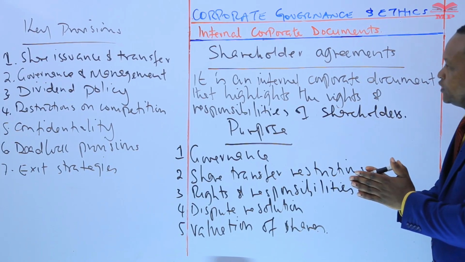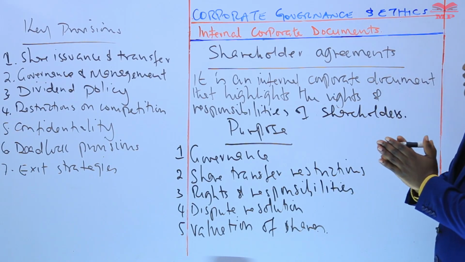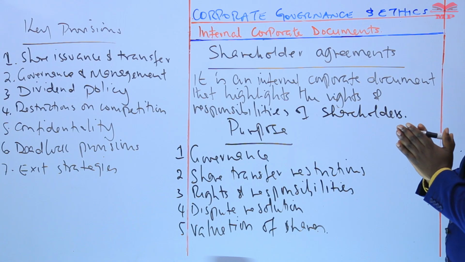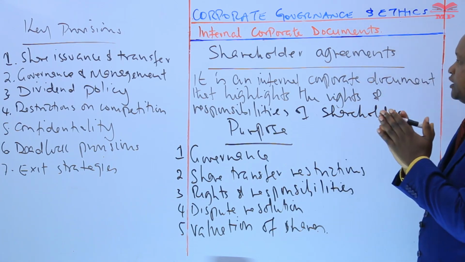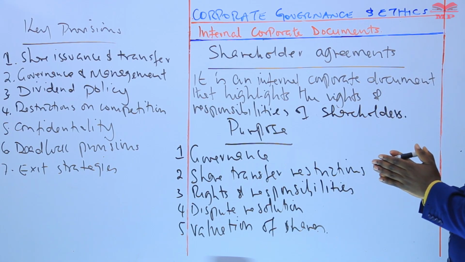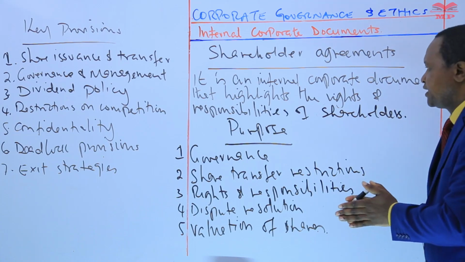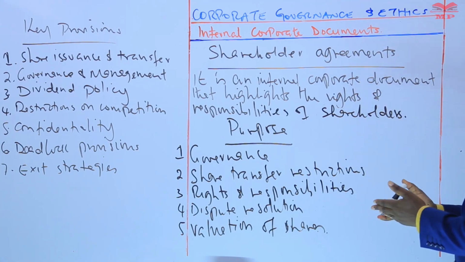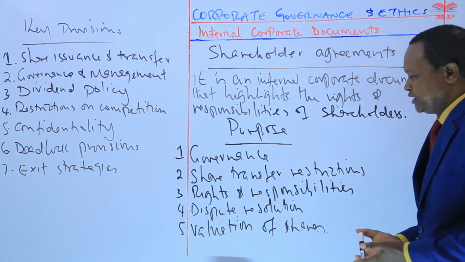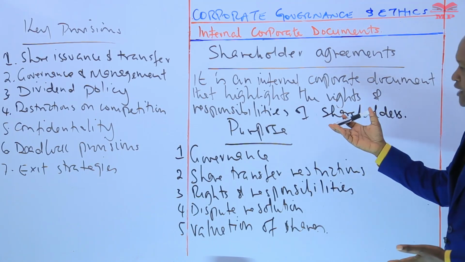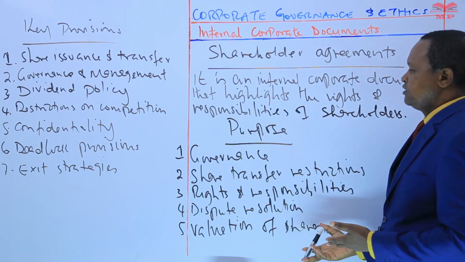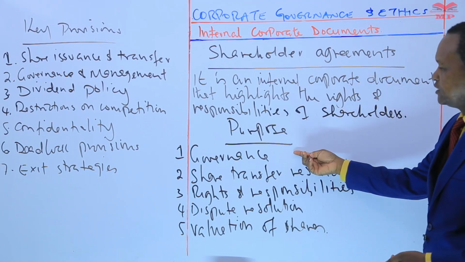So that's the end of today's lesson, where we have studied shareholder agreements. We've said that shareholder agreements are internal corporate documents that highlight the rights and responsibilities of shareholders of a company. We've highlighted 5 purposes. 1 is in relation to governance.